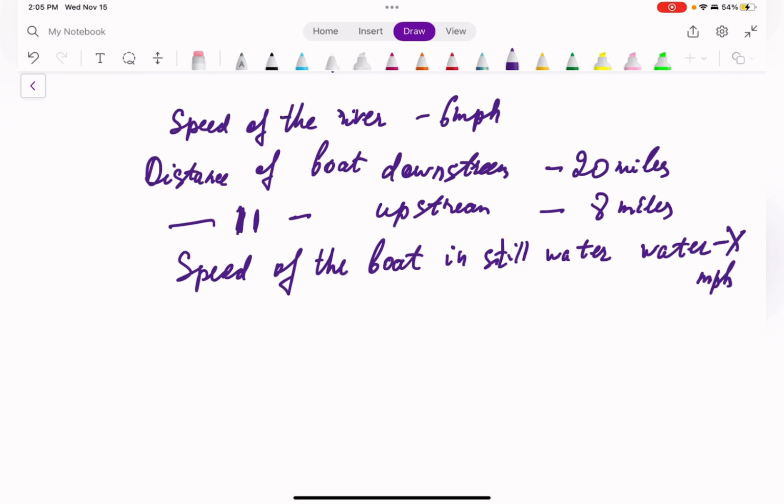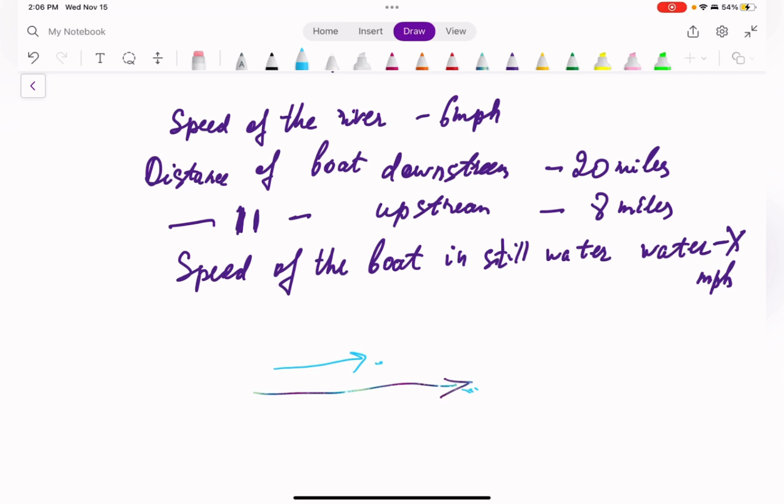Here is the thing. Let's say, assume this is our river and it goes this way. The boat also goes in the same direction as the river. That means the river is going to help it go faster because they are going the same direction, correct?